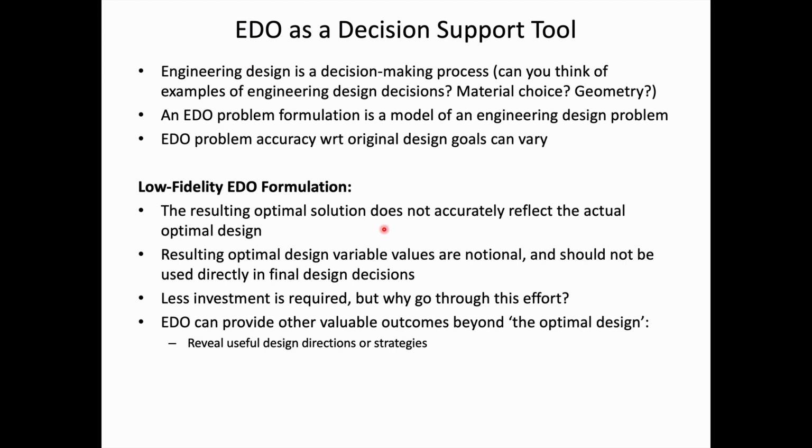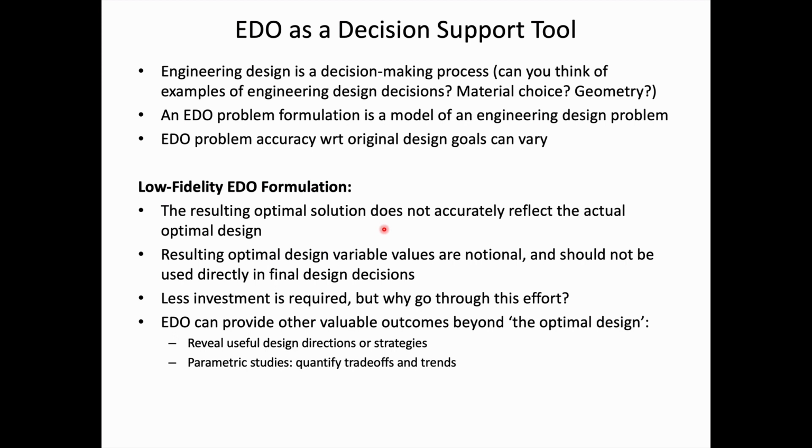So for example, if we look at the resulting optimal design and compare it to a baseline design, it can give us some really good insights into what direction we should be moving with our design decisions. Or it could reveal some interesting physical mechanisms or strategies that are possibly really helpful for the actual design.